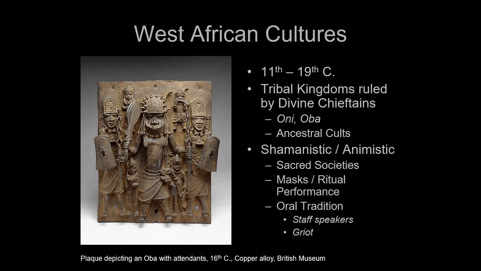So you have a number of these sacred societies. These are societies where a person was trained to be a shaman, to speak to the spirits, and then would also take care of the daily ritual. And so masks and ritual performance, taking on the identity of the gods and the spirits, this is a very important feature of West African society, and the masks become a very important feature of their art, as does performance.